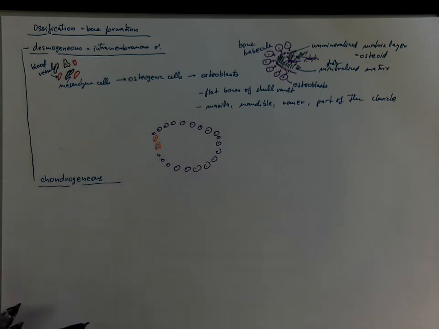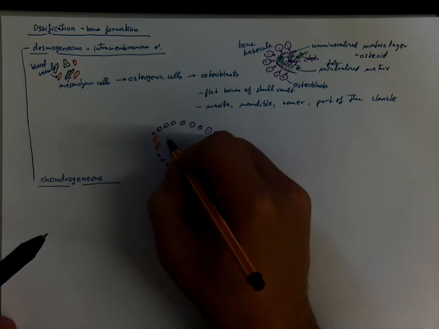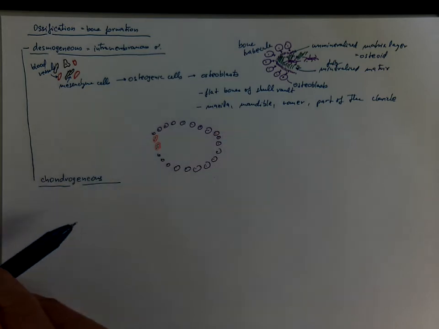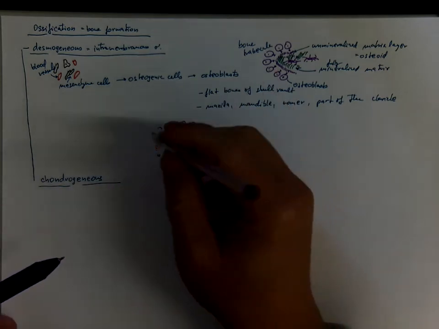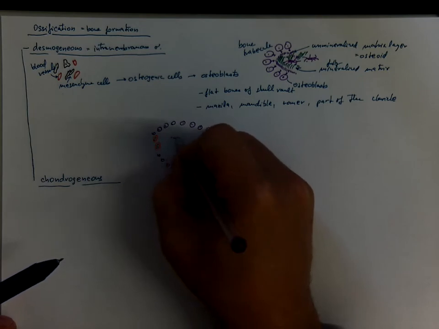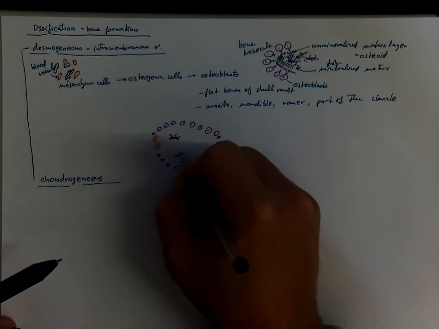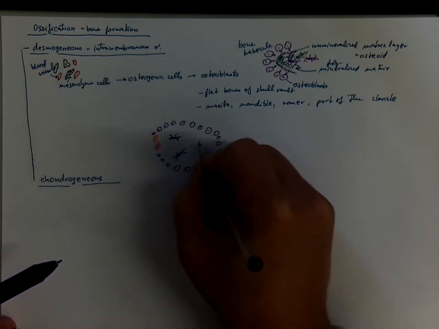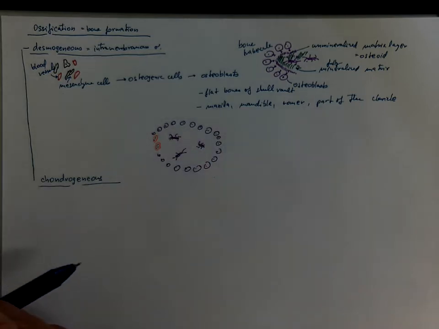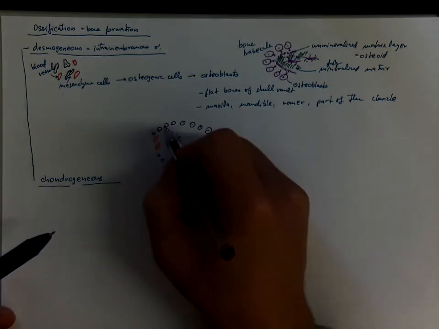If this would be the shape of the bone trabecula at some time point, with the osteocytes in the center. Okay, and the bone matrix here.